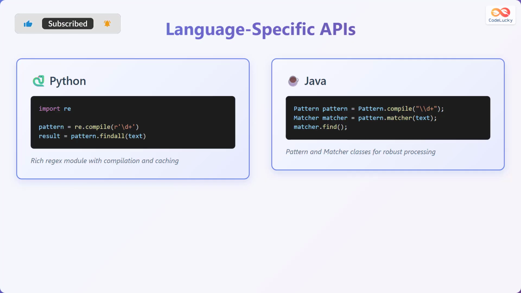Second, Java. The code shows Pattern pattern = Pattern.compile("\\d+"), then Matcher matcher = pattern.matcher(text), then matcher.find(). These are Pattern and Matcher classes for robust processing.